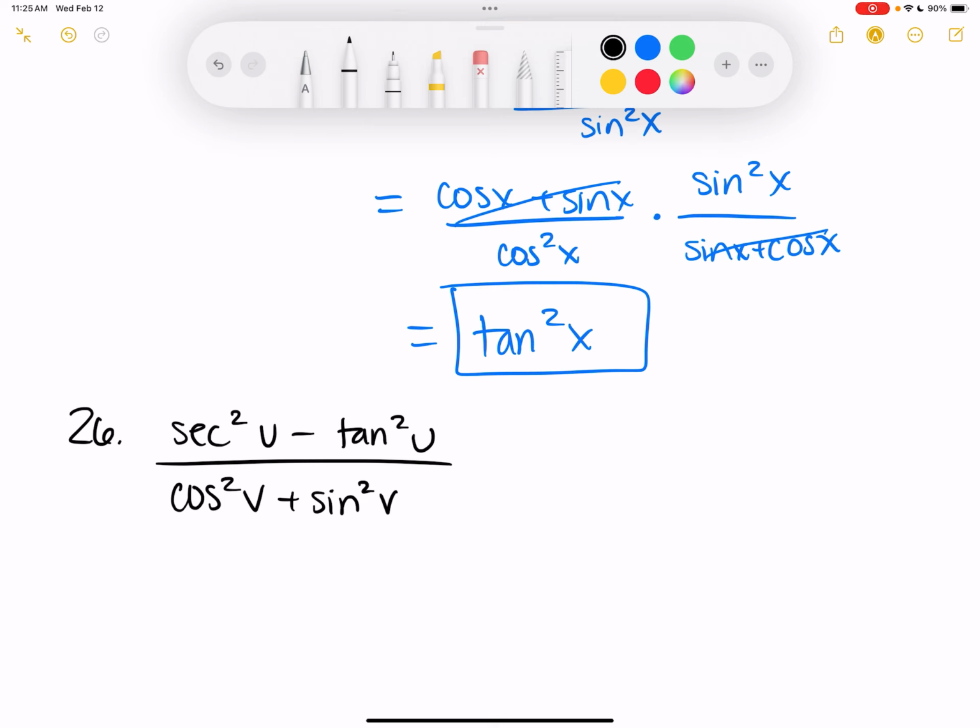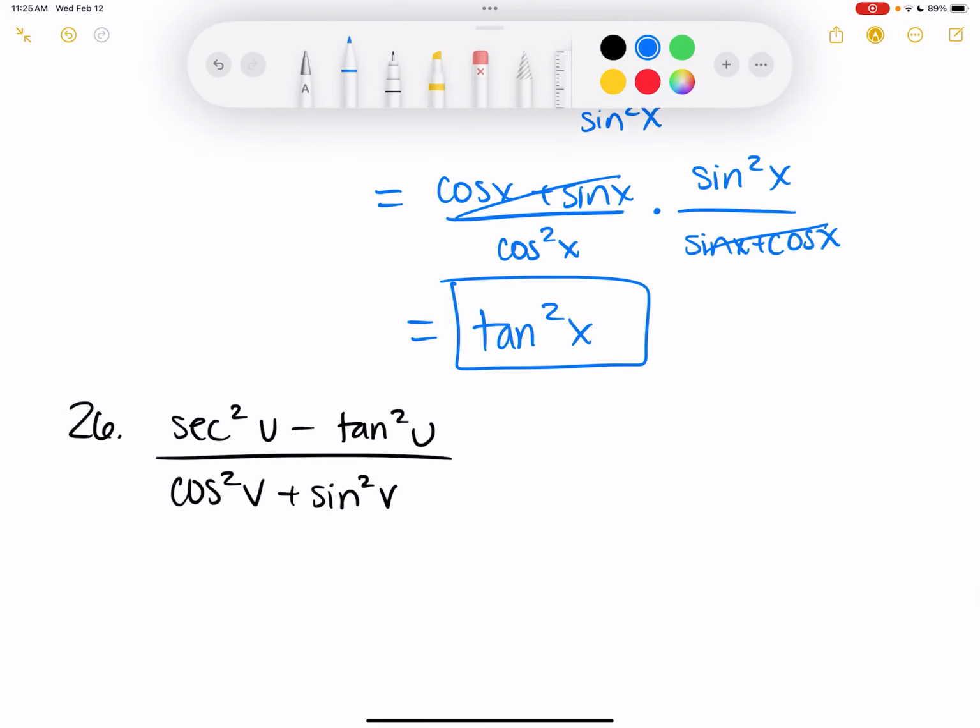So how can I rewrite the top? Yep, secant squared minus tangent squared would be 1. What about cosine squared plus sine squared? 1. Yep, that's also 1. So this whole thing is just equal to 1.